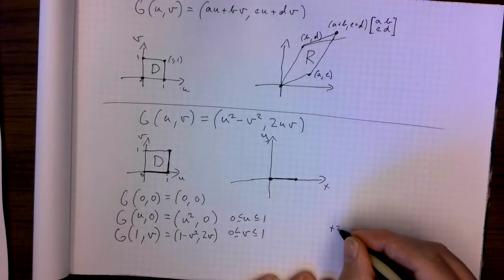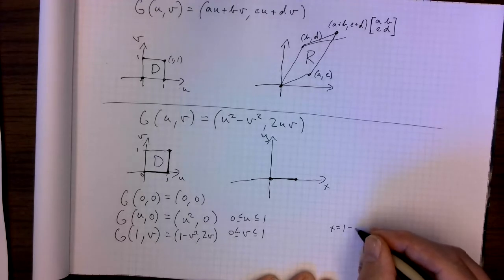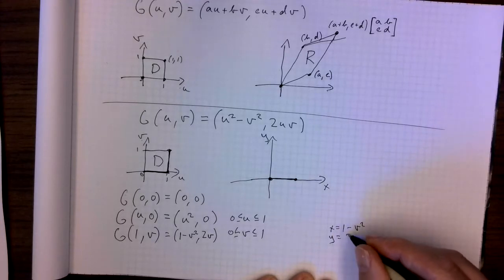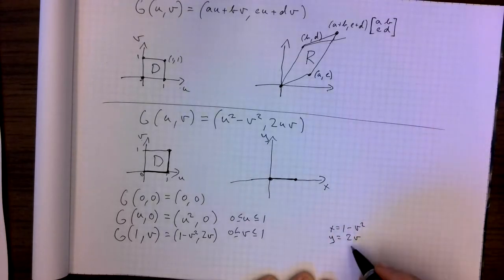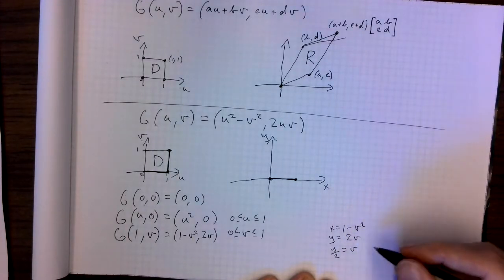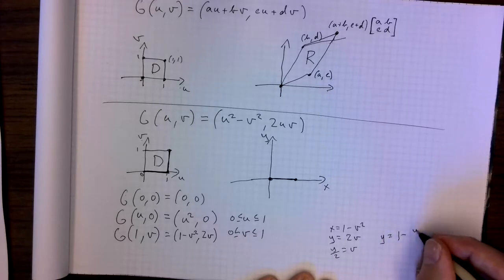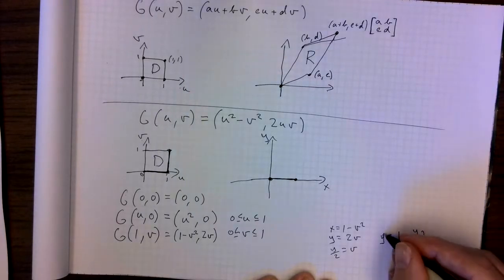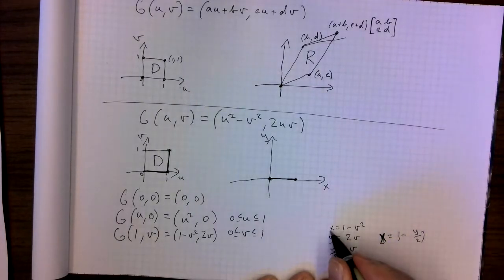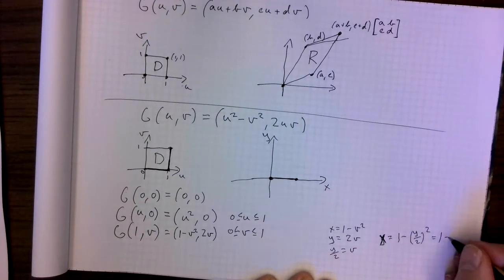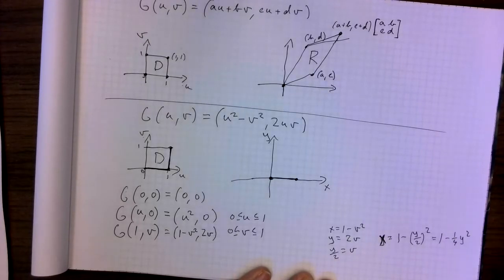So X is 1 minus V squared and Y is 2V. I could solve for V: Y over 2 is equal to V. I plug that in here, and so X is equal to 1 minus Y over 2 squared, or maybe 1 minus 1/4 Y squared.